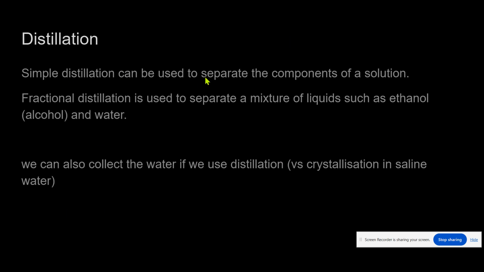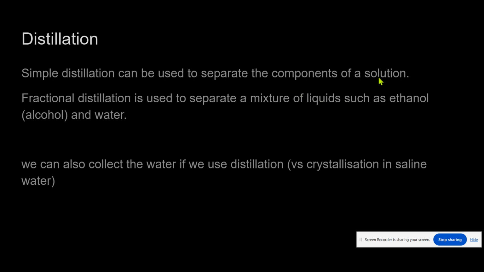Simple distillation can be used to separate the components of a solution. So it's a solution. Usually, you only have one solvent, one liquid, and once you get that one liquid out, you can get the rest of the components in the beaker. Fractional distillation is a little bit more complex. It's used to separate a mixture of liquids.